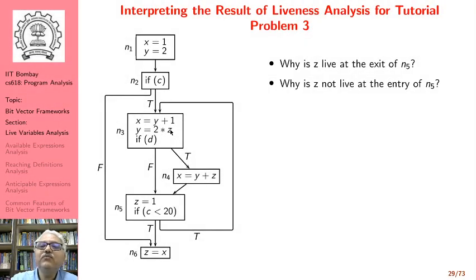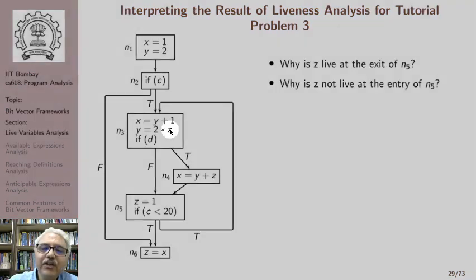Now there is a question, why is Z not live at the entry of N5? So we ask this question at the exit of N5, and in the result we find that Z is not live at the entry of N5. And the reason for that is that Z is redefined here.